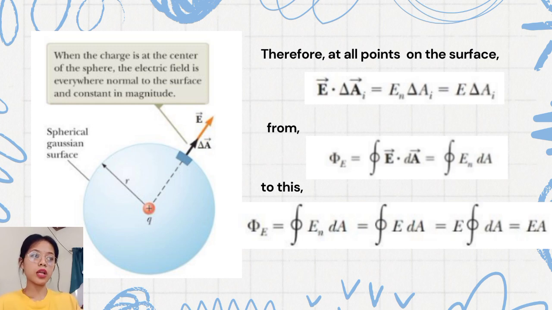This comes up with a product of 4 pi k times the point charge, represented by small letter q.